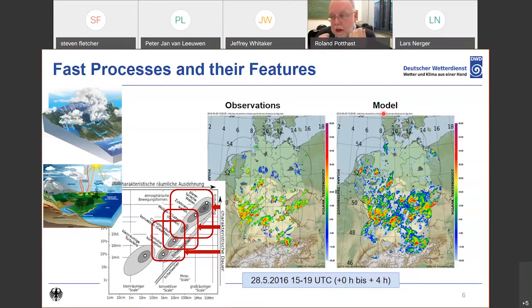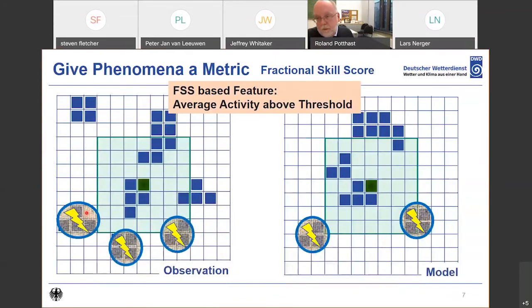By the way, these images just indicate the different processes we have. In principle, you can ask this question for each process you can observe. So it applies to radar data assimilation, and it also applies to satellite data and other types of data which you have on a high temporal scale. So one point here is you need a proper metric in your space to be able to assimilate these features.